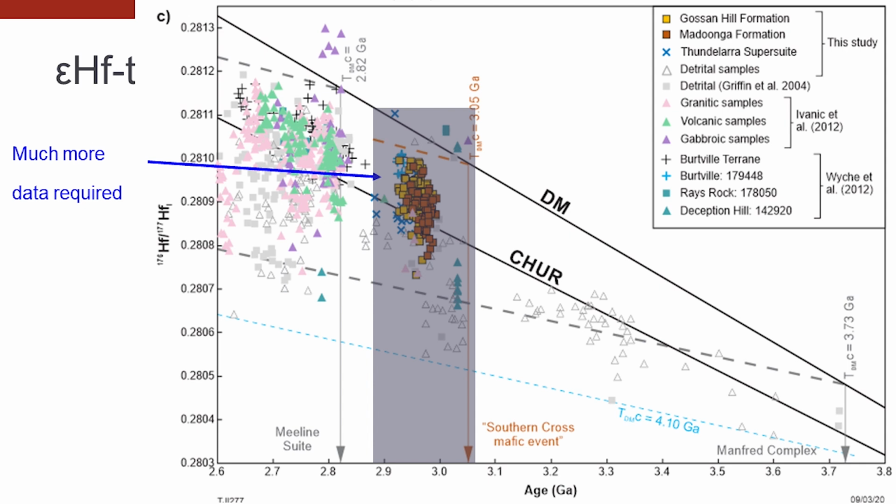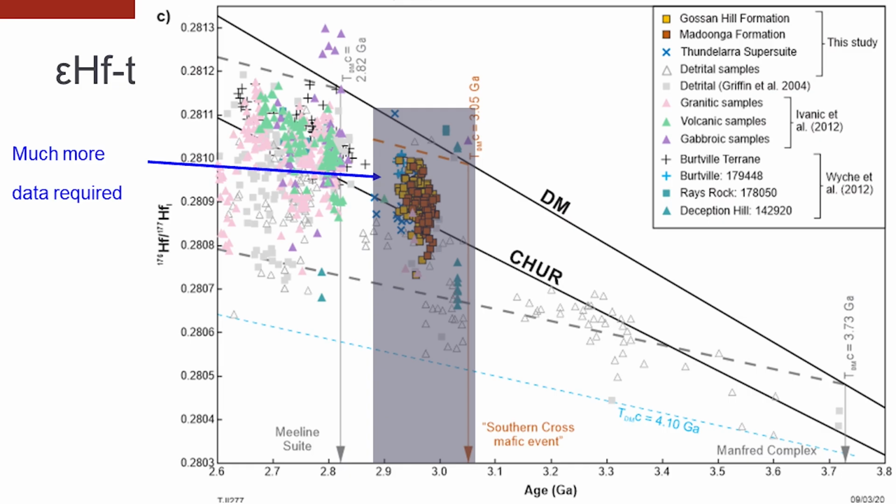I don't know how much time I have here, but this significant 3 Ga package, we have got hafnium data on this now, and you can see most of it projects back to depleted mantle model ages of around 3.4 or so Ga.